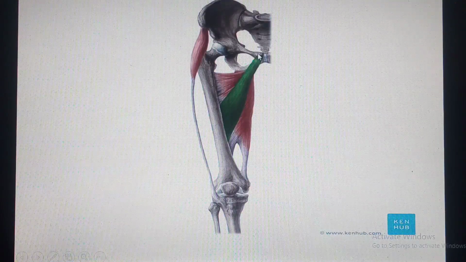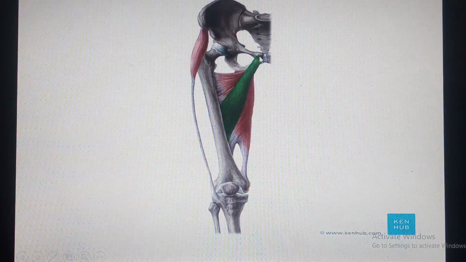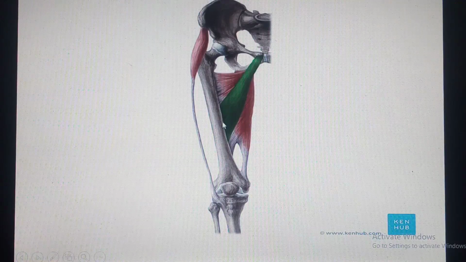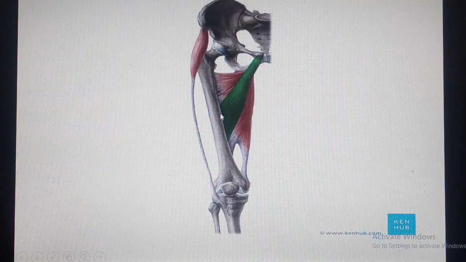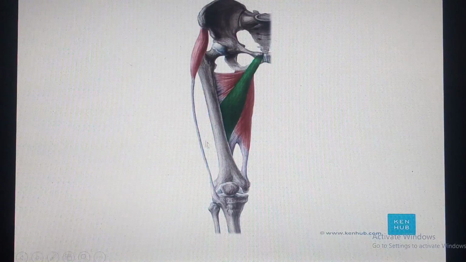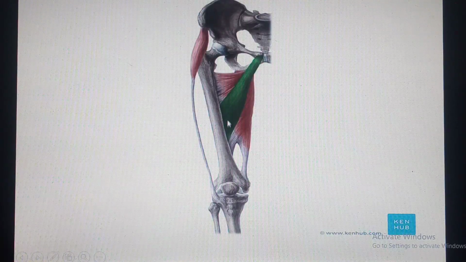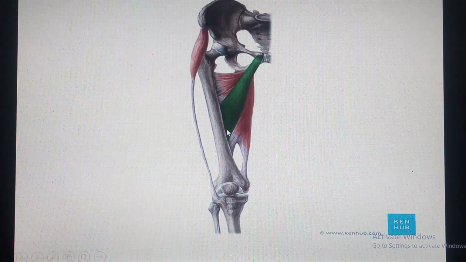This muscle originates from this area, the body of the pubis, all the way to insert on the medial lip of the linea aspera, at the mid shaft of the femur. So you can say the medial third of the shaft of the femur, but actually inserting on the medial lip of the linea aspera.